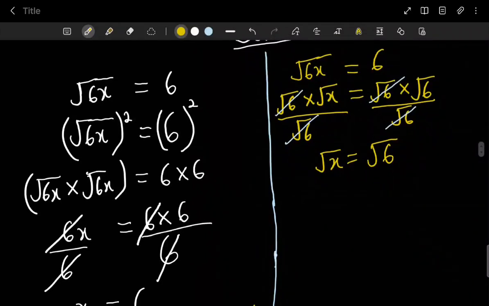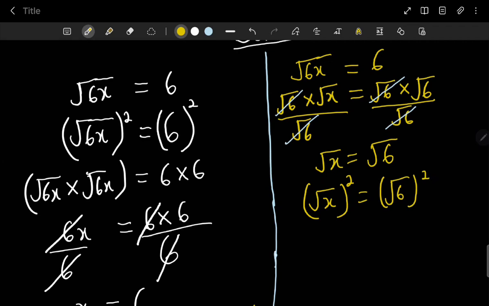Now what do we do next? We can now square both sides, right? So let's write our square root of x here squared is equal to square root of 6 squared, right?